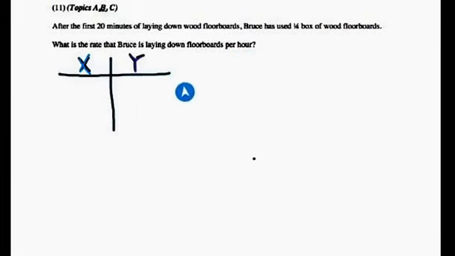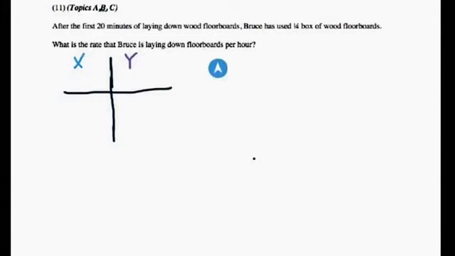After the first 20 minutes of laying down wood floorboards, Bruce has used 1/4 box of wood floorboards. What is the rate that Bruce is laying down floorboards per hour? So one thing that would be helpful to do would be collect some data in our table X, Y. But we need to identify what is the X variable and what is the Y variable.